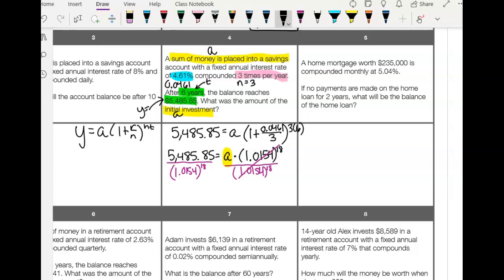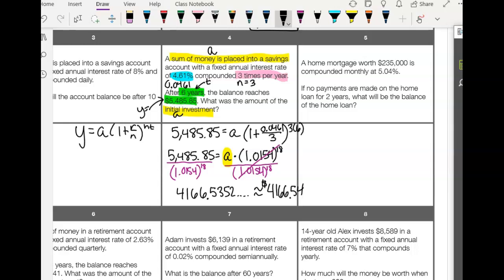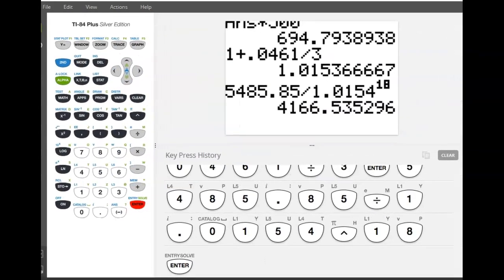Okay, and for me here, when I do it that way, I get 4,166.5352... All right, so we're going to go ahead and round that to $4,166.54.